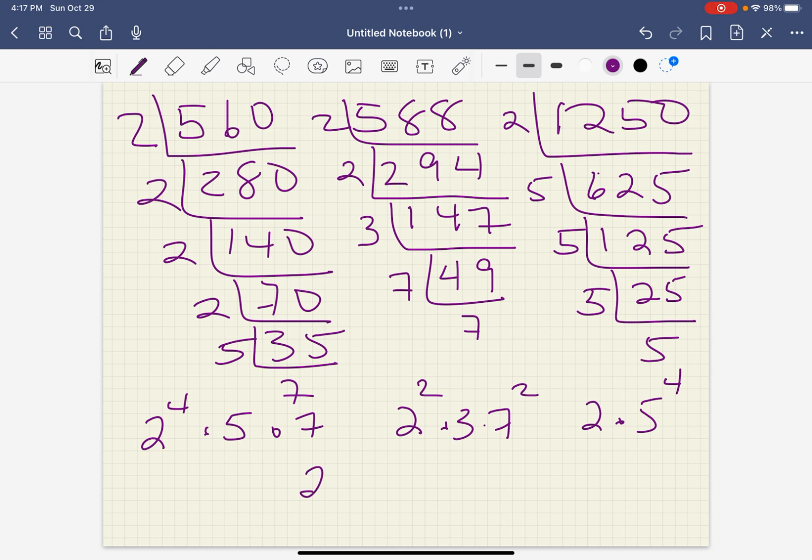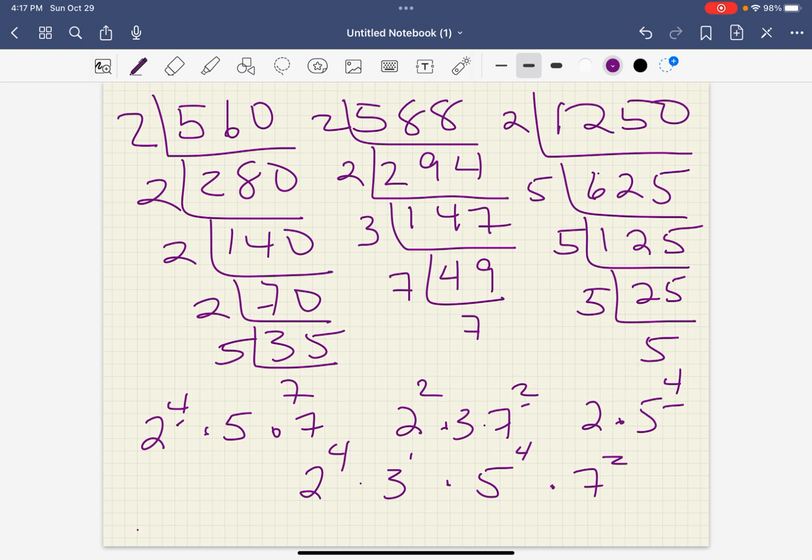So we have to have a 2, a 3, a 5, and a 7. Right? We take the biggest exponent on the 2, which would be this 4. On the 3 is just a 1. On the 5 is a 4th. And then on the 7 is a 2.